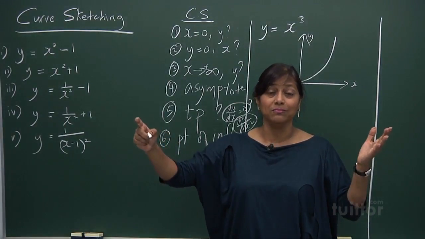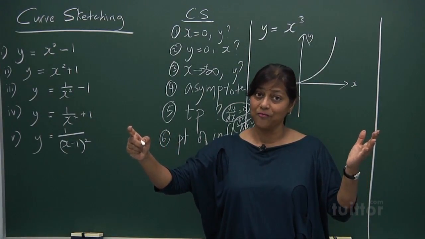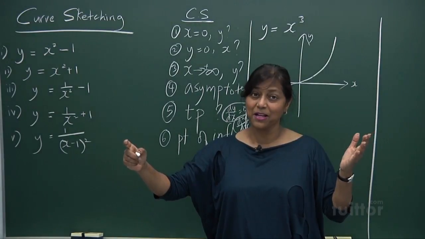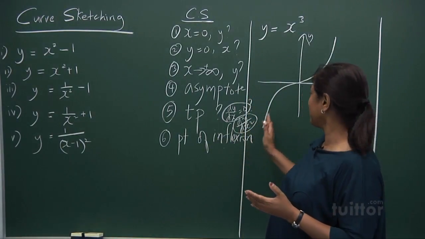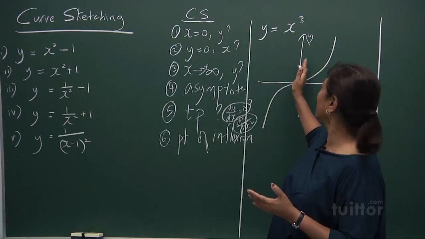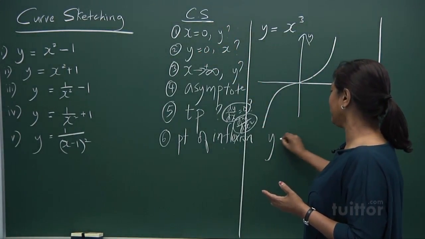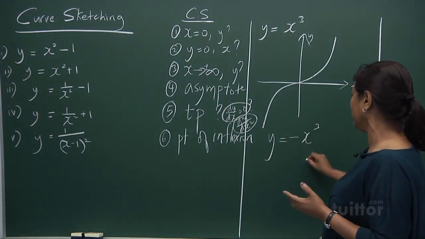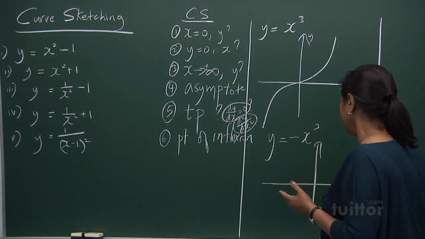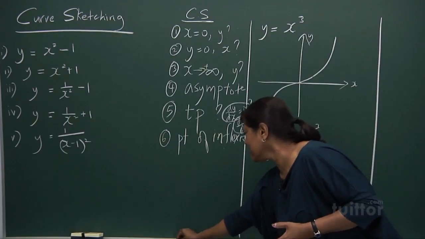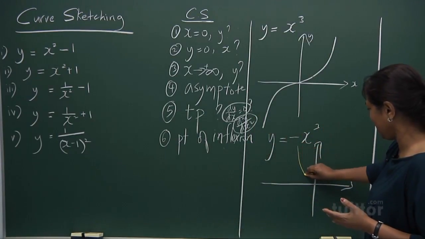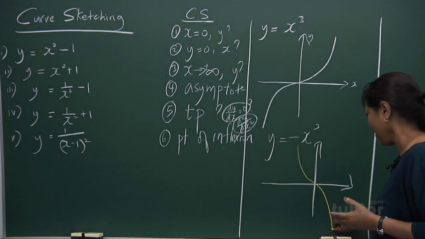But as for you, if you're not doing further maths, you can see very clearly that x is increasing as y is increasing, or dropping as it is. If you look at y equals minus x cubed, which we just did in the last lesson, x is dropping and y is dropping.